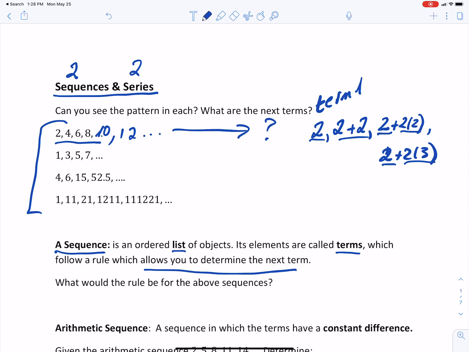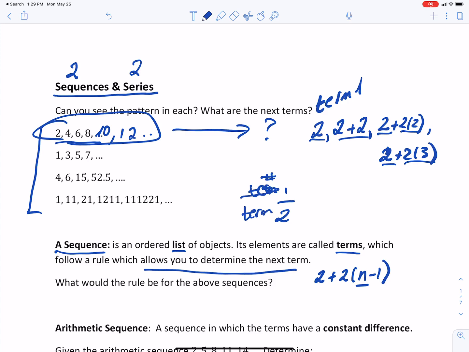So the way that I would write that out would be 2 plus 2 times n minus 1, where n is the position of the term. So if I look back at this one, term 1 is 2, and here is the term number, and down here the actual term. So we could even call this the position number up there.